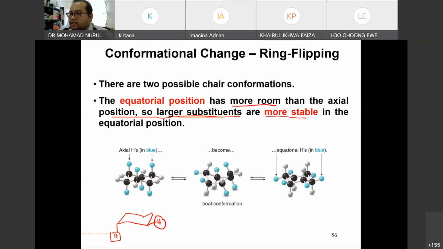For example, we have hydrogens here, and they still have interactions among the protons. For example, if you have a chlorine here, they still have interactions among the protons, which we will learn about later. That's why for the bulky groups, the large substituents, we usually prefer to put them in equatorial positions. Mark this word: bulky groups have to be put in equatorial positions.